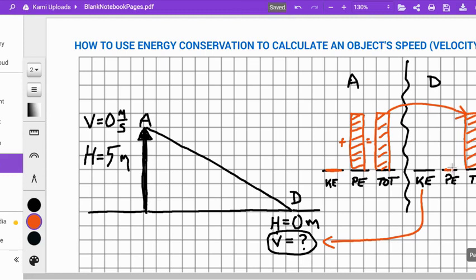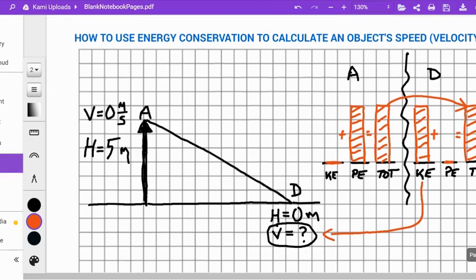And the potential energy is 0, and that means that all of my total energy is now in the form of kinetic energy. So just kind of visually, if I add together lots of kinetic here, plus 0 potential, I end up with the same total energy that I started with. And so this bar graph is very important because it's going to help us to write the equation that comes next. All right, so take a minute if you need to, finish that up, and then let's write an equation.